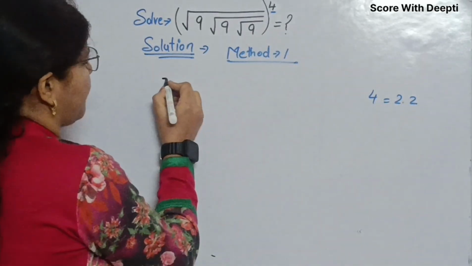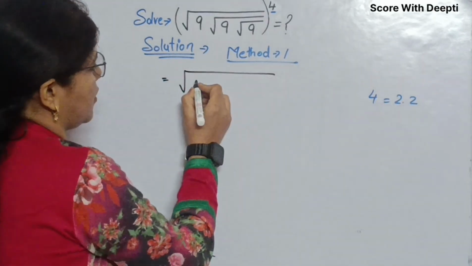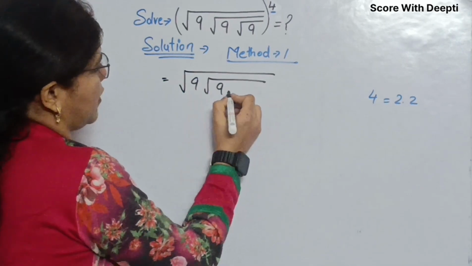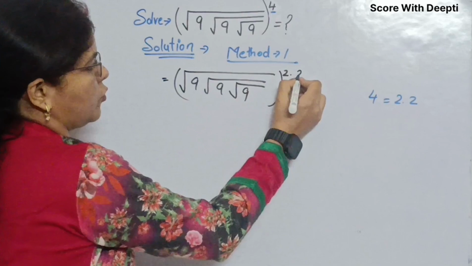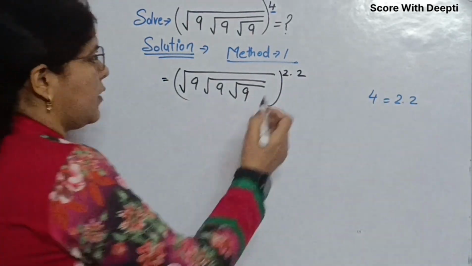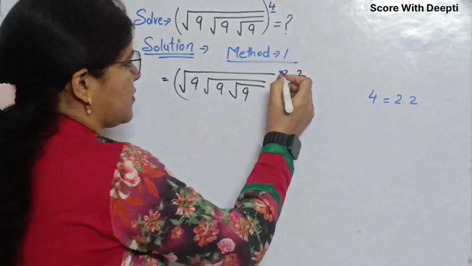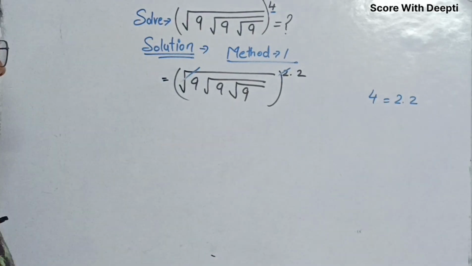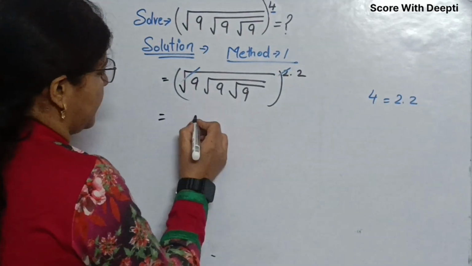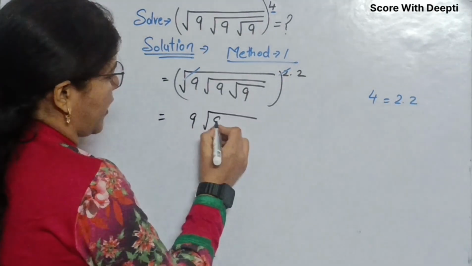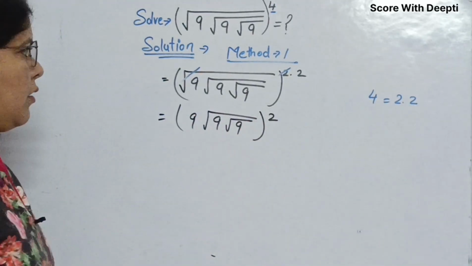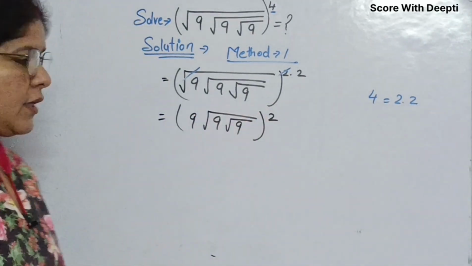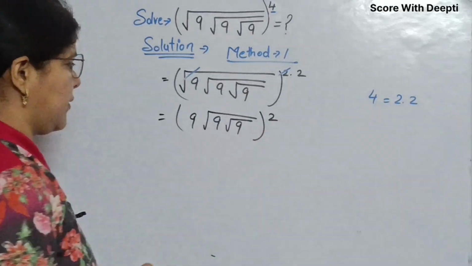Now our first step, first we will write square root 9 under square root 9 under square root 9, to the whole power 2 into 2. Now these 2 will be cancelled with this, and here we get 9 square root 9 under square root 9, to the whole power 2. One 2 is left, that is the exponent.